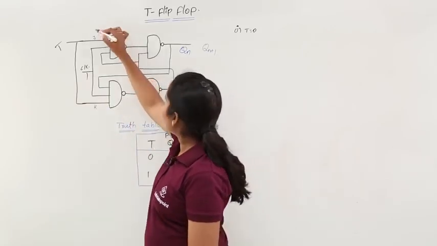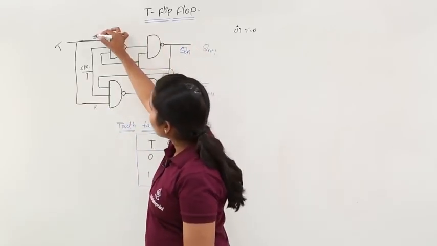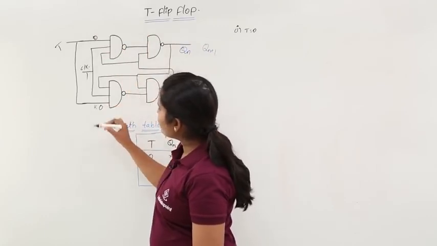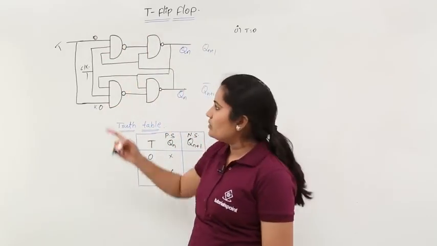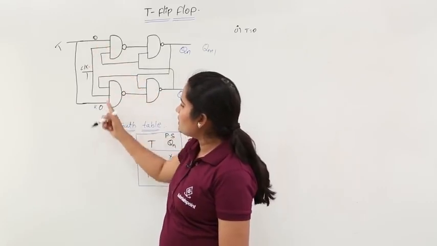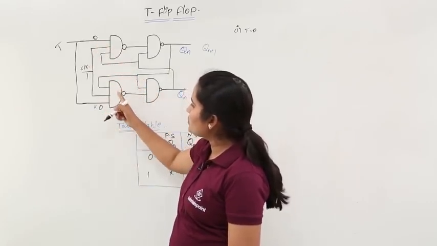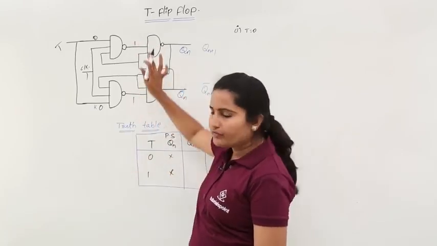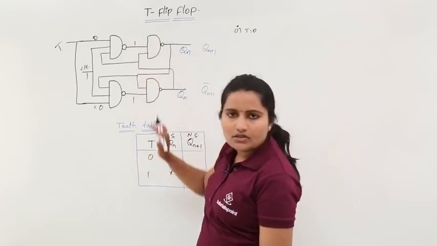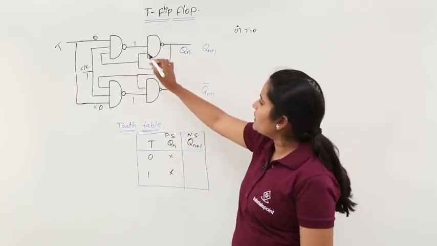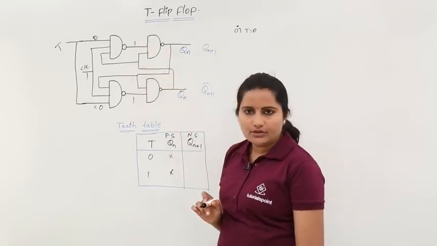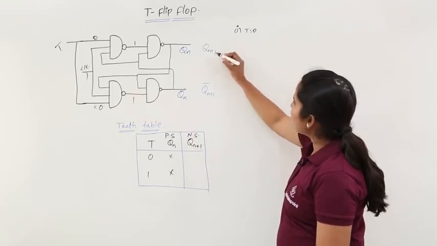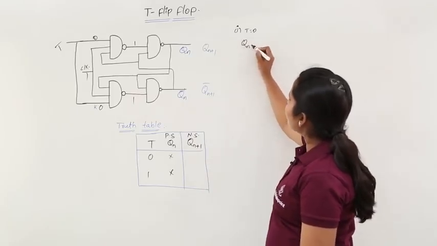Here if T is equivalent to 0, so J equal to 0, K equal to 0 condition will take place. When J equal to 0, K equal to 0, these two gates are going to provide 1 1 as input of this latch circuit. Now if this gate output is equivalent to 1, then I am writing the equation for Qn plus 1.